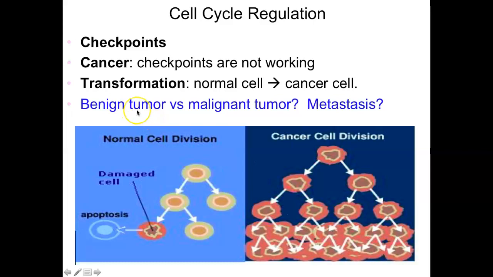When is a tumor considered benign versus malignant? A tumor is a mass of cells. It's already an irregularity. There should not be a tumor inside your body. However, benign tumors are masses of cells that don't go anywhere. They grow to a certain size and they stop for some reason and they just sit there. So there's no danger of it spreading to the body. That's a benign tumor.